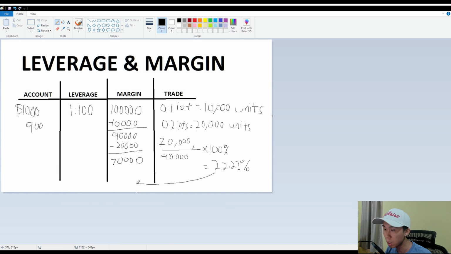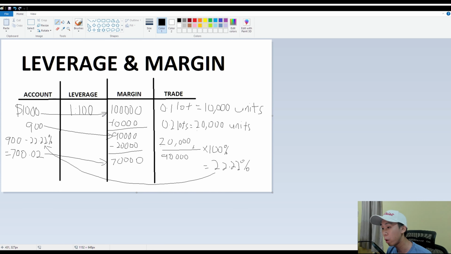We'll bring this over to our balance, and you will take 900 minus 22.22%, and that would be 700.02. So as you can see, the account with the leverage actually syncs up together. 900 to 90,000, 1,000 to 100,000 margin.